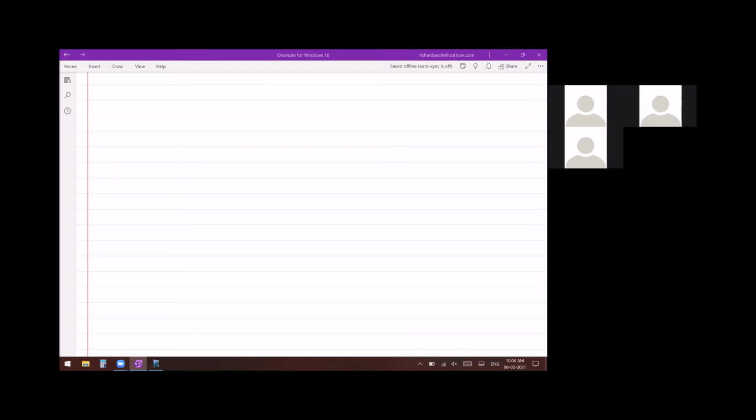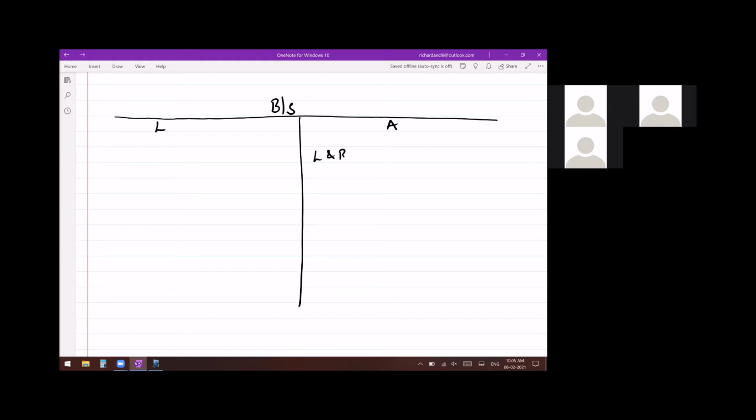For example, this is your balance sheet, the old format. I'm drawing the old one, not the new one. You have all liabilities listed one below the other, as well as assets. For example, let's just take assets. Land and building is one item.